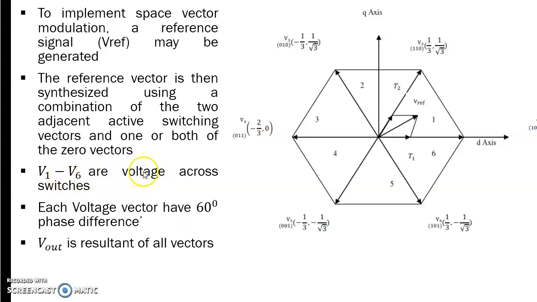These are the voltages across the switches at the different time intervals. And the total output voltage for a particular time interval is the resultant of all these vectors. So each vector has a phase difference of 60 degrees, and the resultant vector V out is the resultant of all these space vectors.